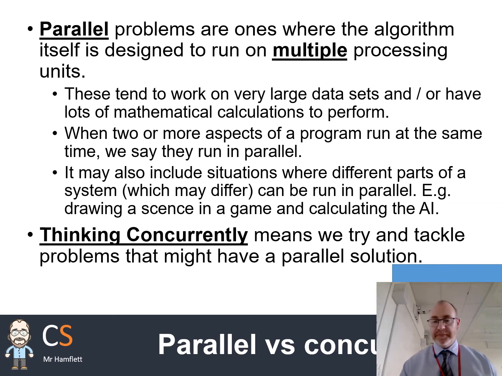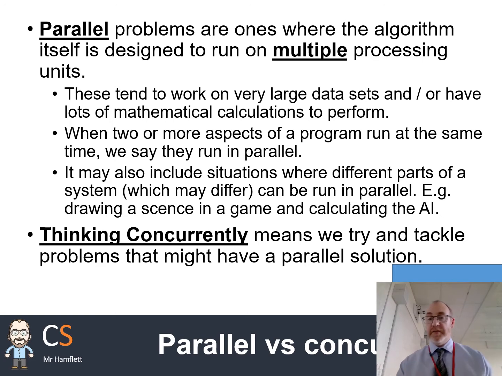So thinking concurrently is kind of how we tackle these problems. So if I have a problem such as I need to calculate prime numbers, all the prime numbers between 1 and a million maybe, I can think of that as a serial problem. So I'll start on number 1, then 2, and I'll just check every number until I get to a million. That's very much a non-concurrent way of thinking about it.